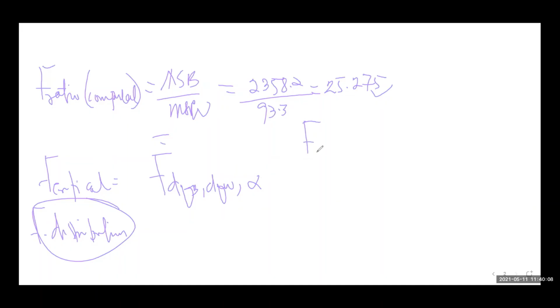Degrees of freedom between is 2. Degrees of freedom within is 12. Alpha is 0.05. We use the F distribution table. Let me pick my table for F distribution. I'll share the table with you later.